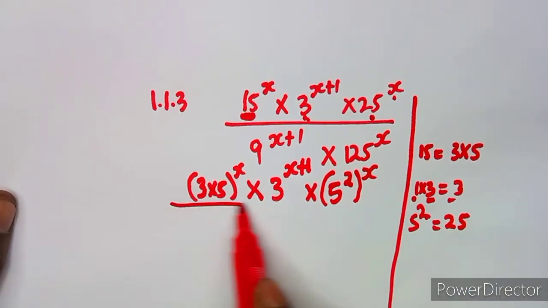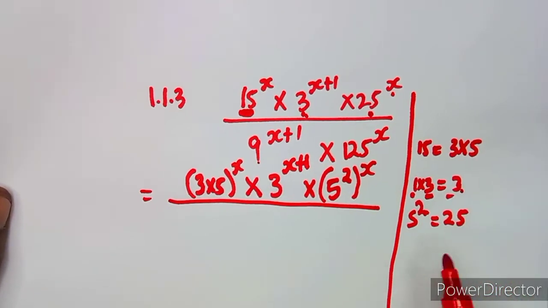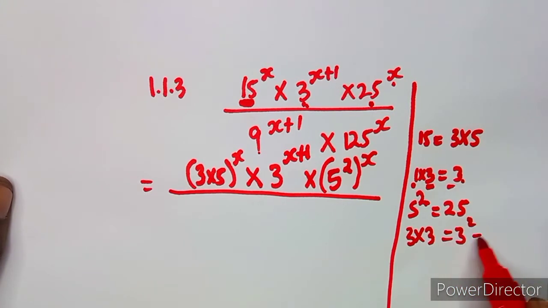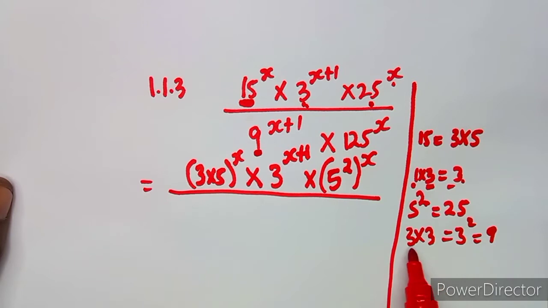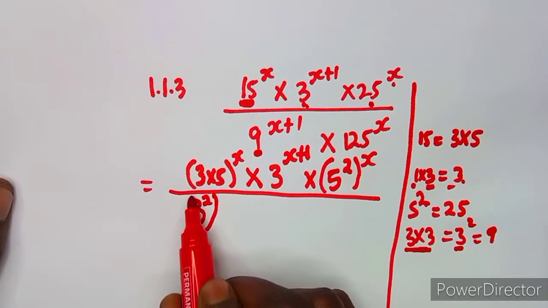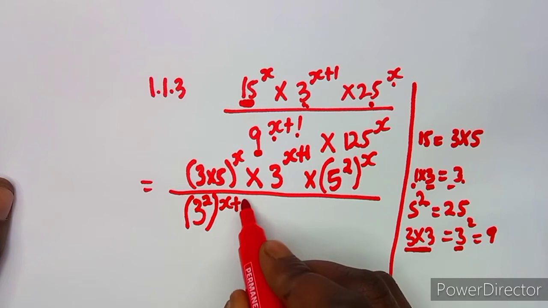Okay, everything over 9 can be written in terms of 3. That's 3 times 3, which is 3 squared, which is the same as 9. So in place of 9, I can rewrite in its simplest form 3 squared. But take note, there was already an exponent of x plus 1 there.